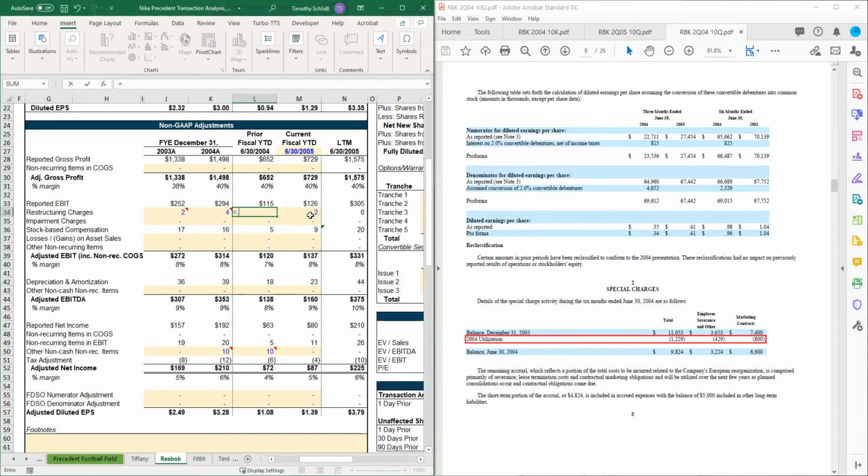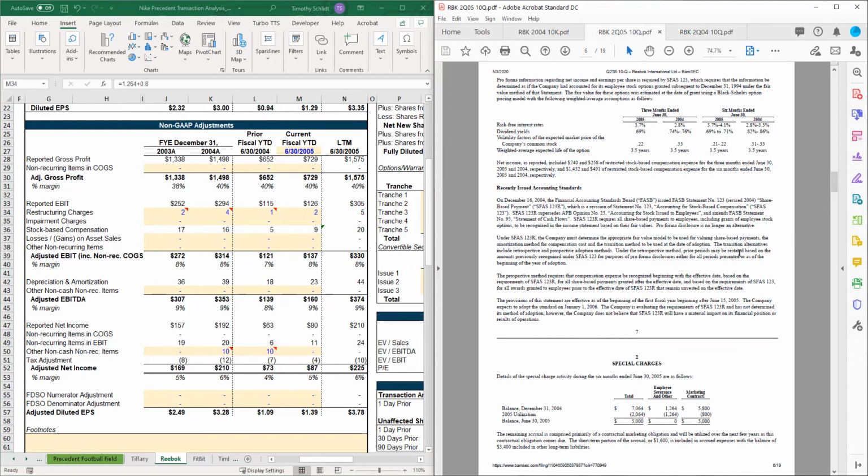So equals 0.429 plus 0.8, so about 1 million. So that was PDF page 8 of Q204 10Q. And let's go back to here. So this will be PDF page 6 of second quarter 05 10Q as well. So there we have that.